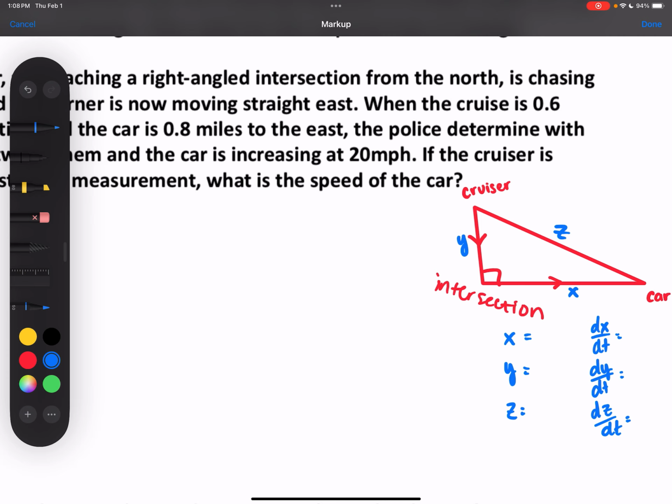So X is the car, so that is 0.8 miles. And we want units on things. The cruiser is 0.6 north, so this is 0.6 miles. Z is going to be unknown.